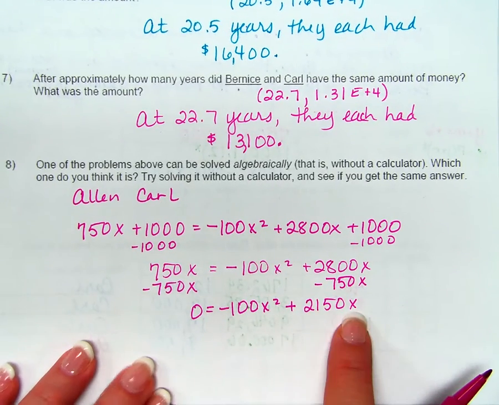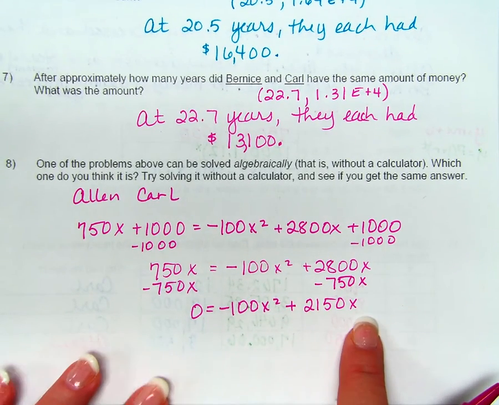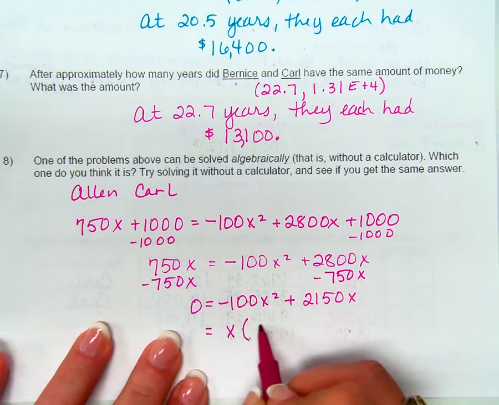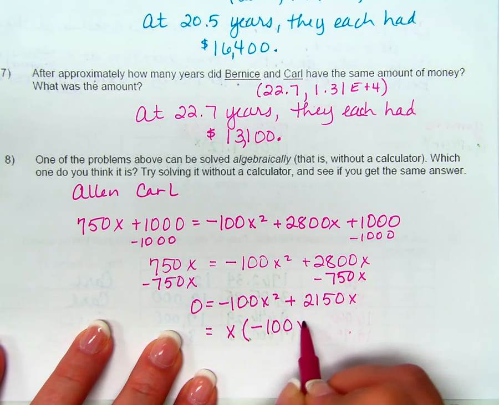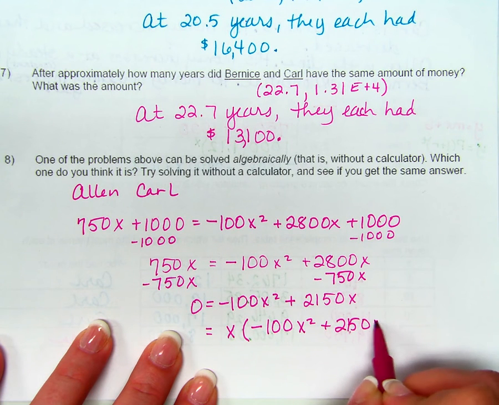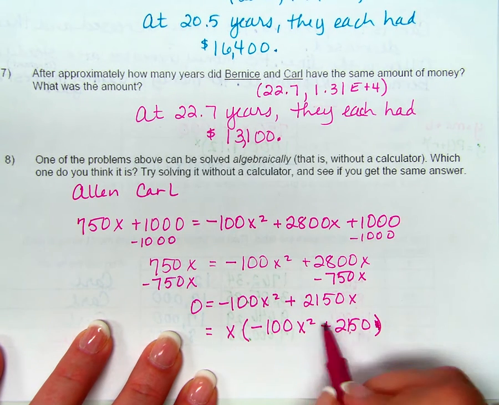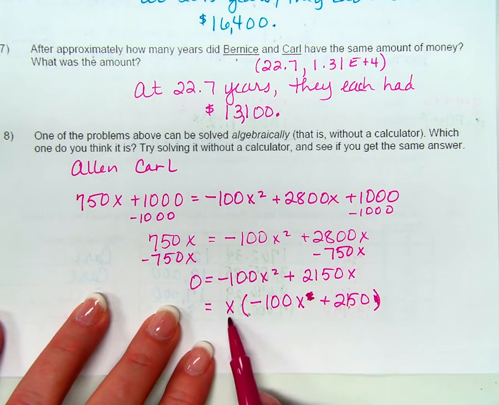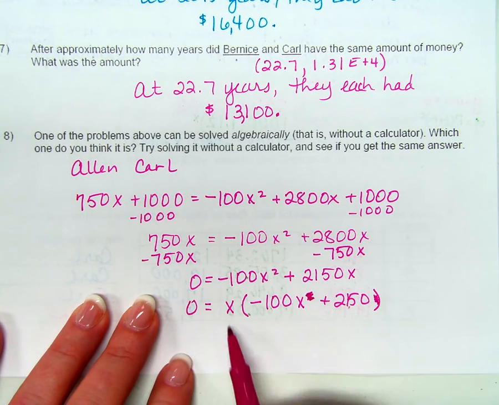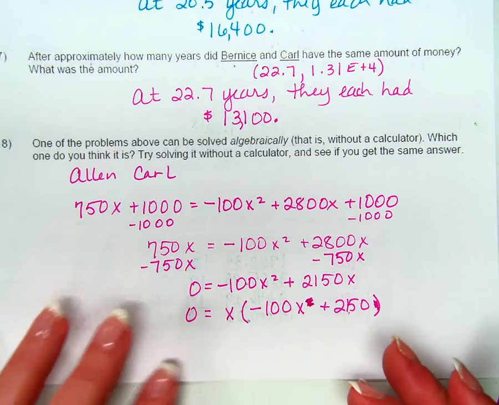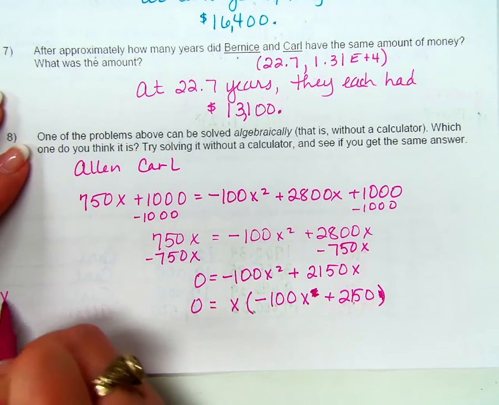Now, there's a lot of stuff that's common that we could factor out, but for sure an x is, right? Okay, so if I factor out an x, like I said, there's more stuff we can factor out than just x, but time's not on our side right now, so I'm just trying to hustle. Okay, whoop, that's not a square, that's just an x. So if I have this and that equals 0, what's true about one of these two? At least one of them has to equal 0, right? So I'm going to say x equals 0.